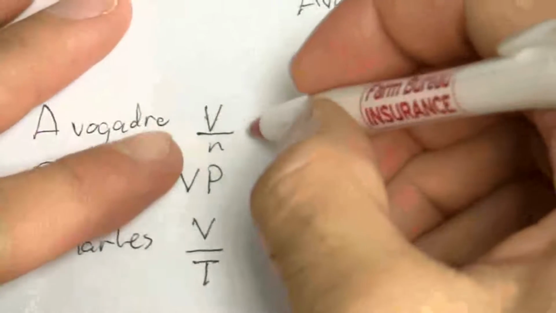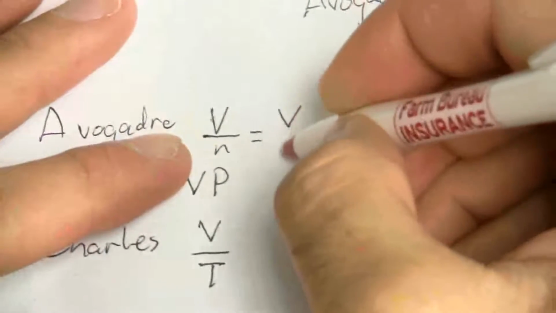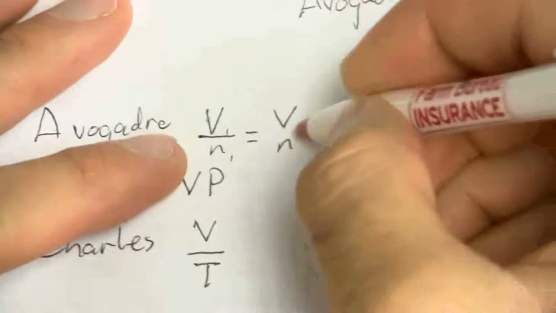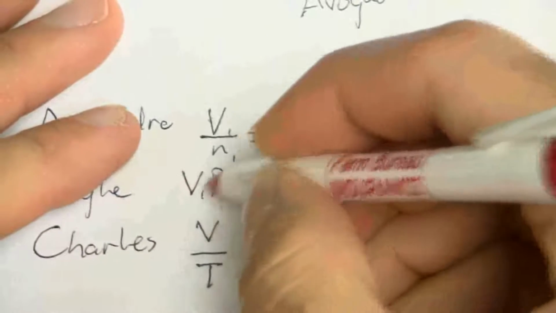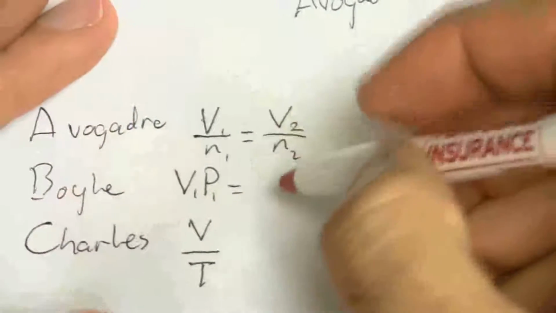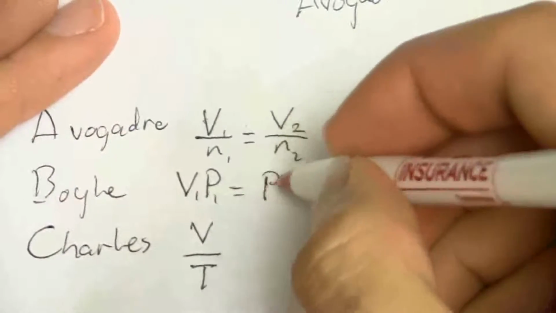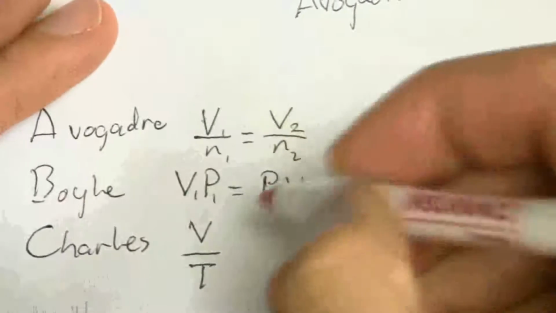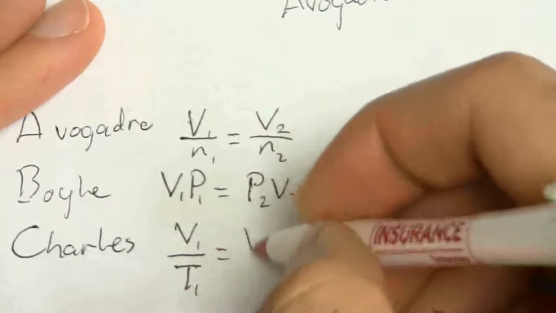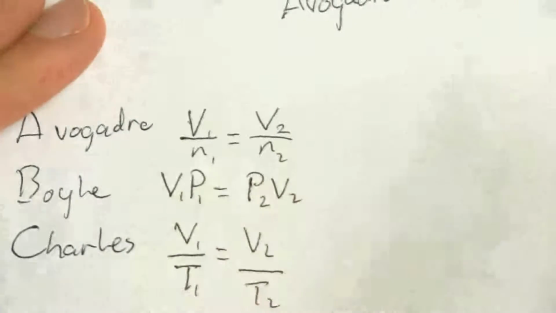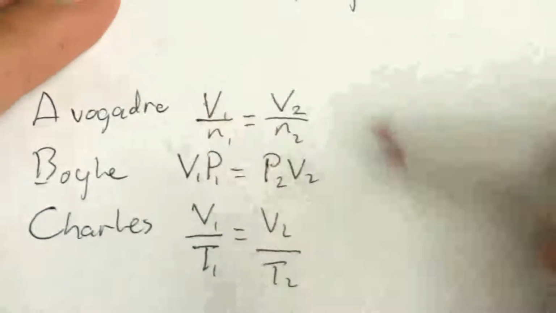In each case, we can write it like V1 over N1 equals V2 over N2, or typically P1 V1 equals P2 V2, and V1 over T1 equals V2 over T2. Those are the three laws.